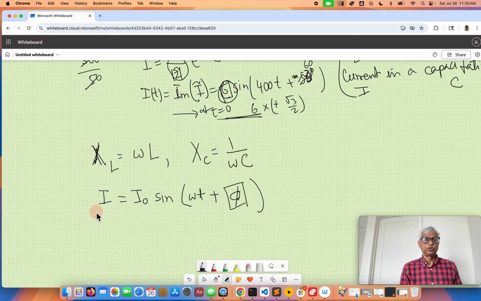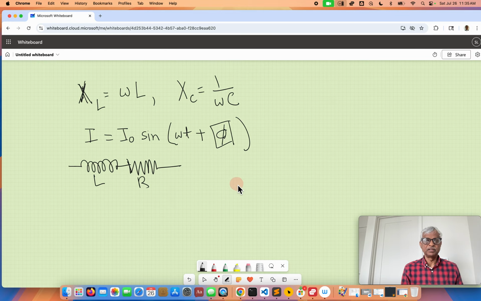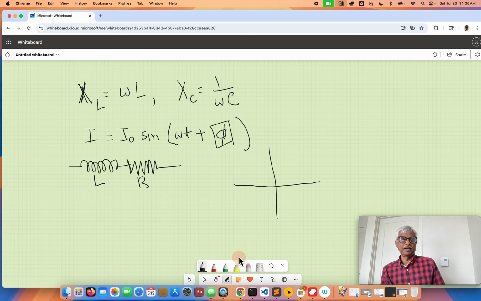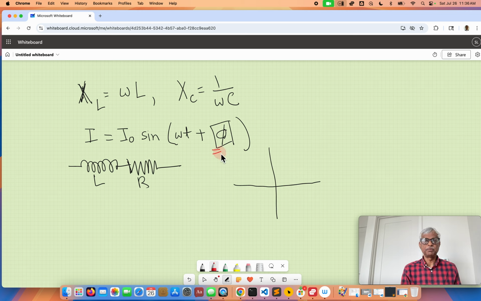If I am in this circuit, this is all L and R, so this will be an inductive circuit. So if I think of current as leading, we represent them as vectors, as arrows. So this angle will be represented as arrows, like a at angle phi.